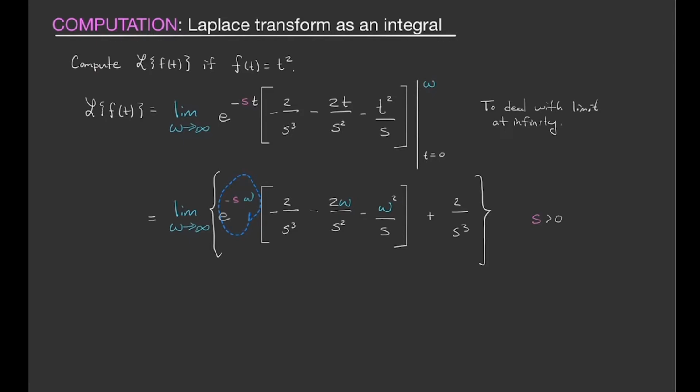It's positive, which will have an impact on what this does in the limit. If we do that, we'll notice that since s is positive and omega is going to be eventually positive and stay positive thereafter, we have e to a negative number that gets larger and larger and larger, more and more negative. That means that this value is going to go to 0, taking all this to 0.